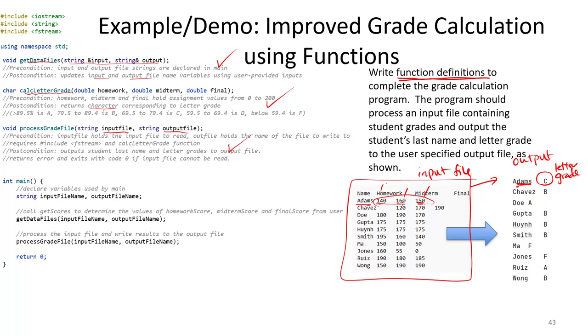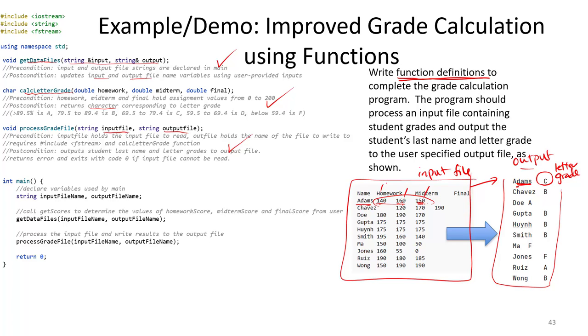Once we've written these function definitions, then we can run our main function and verify whether we are able to produce the output file shown. I would encourage you to follow along in our sample code as we complete this example.